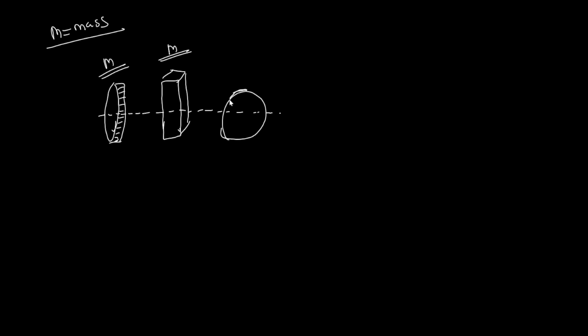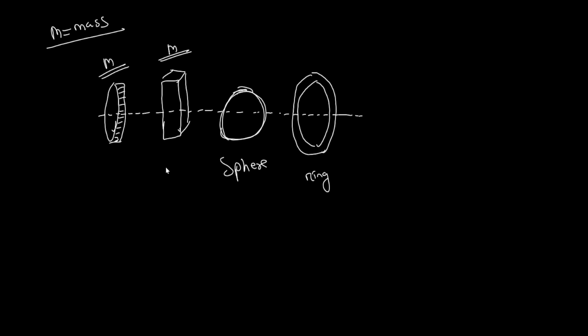In 2D I'm showing it as a circle, but it's actually a sphere. Again I'm taking another one like this. This one is a ring, this one is a sphere, this is a cuboid, this is a disk.